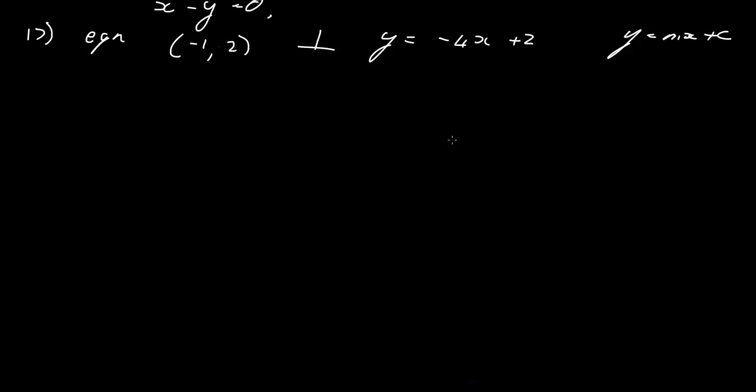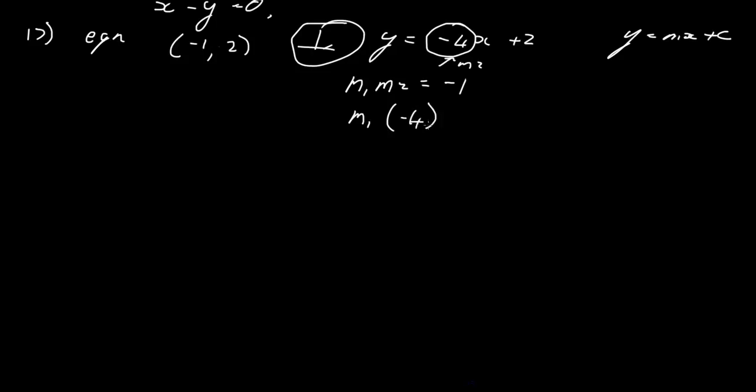Okay, so let's work with the fact that they gave us perpendicular. We know that if our line that we're trying to calculate is perpendicular to this line, then m1 times m2 is equal to -1. Let's call this m2. Okay, so m1 times minus 4 is equal to minus 1.